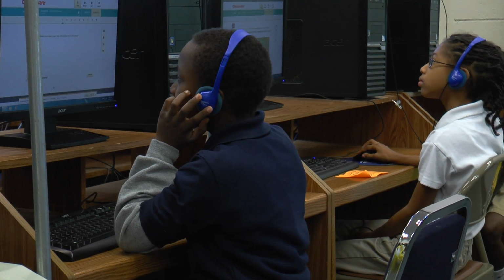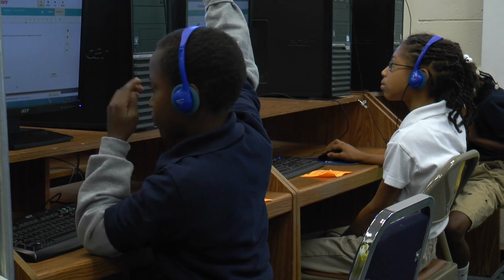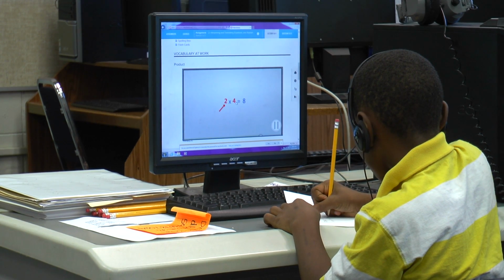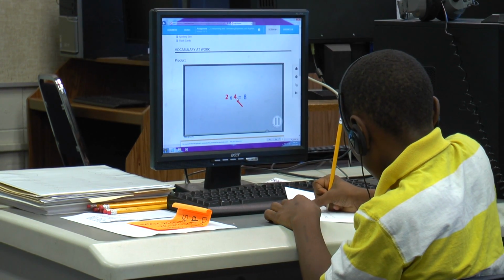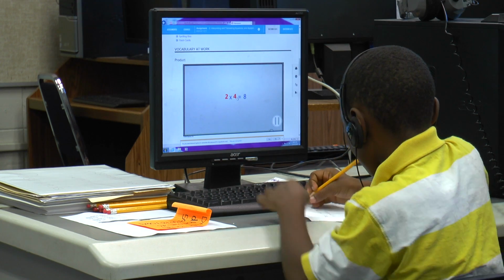And have paraprofessionals that can implement a computer program and monitor the students and then collaborate with those teachers so that you're serving more students at the same time. We pretty much work together, and they understand that in order for you to effectively serve the students, you need to be able to collaborate with one another.